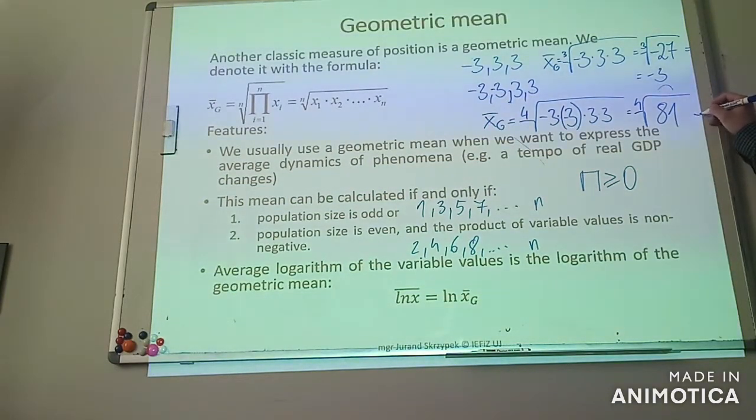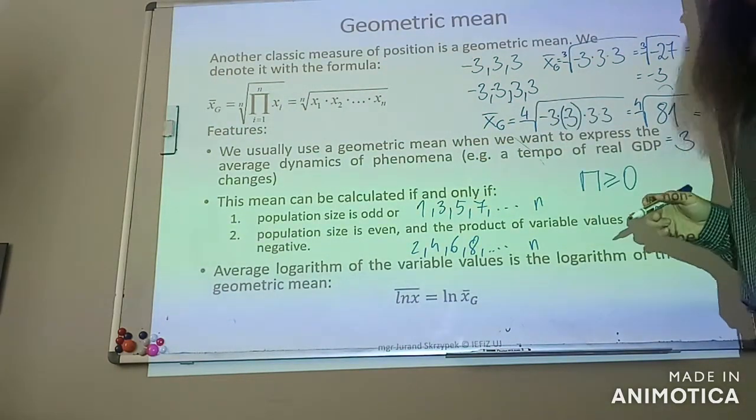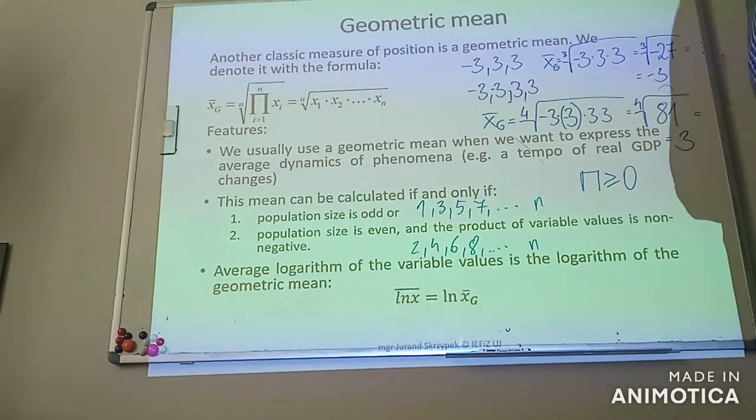And this is of course 3. So the product is positive, the population size is even, so we are able to compute a geometric mean.